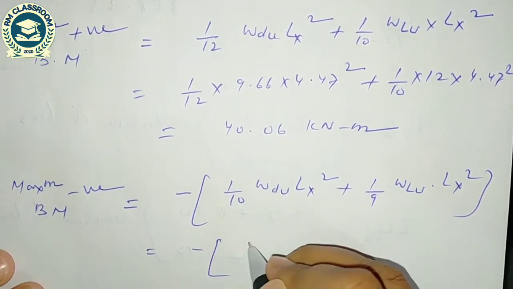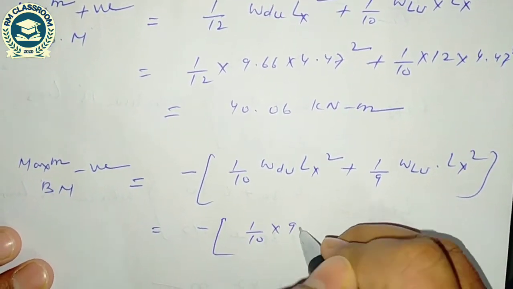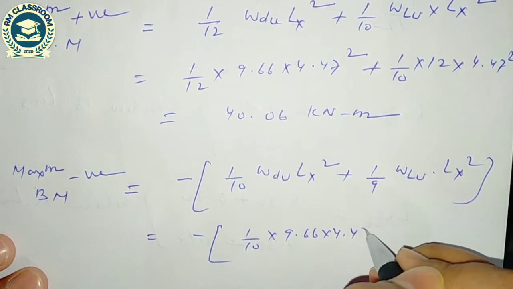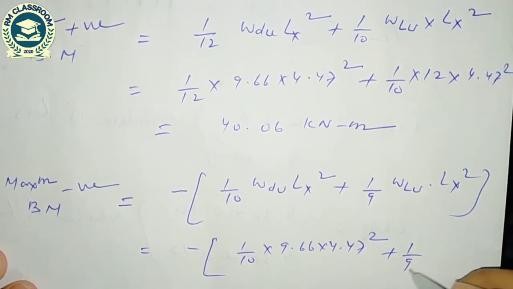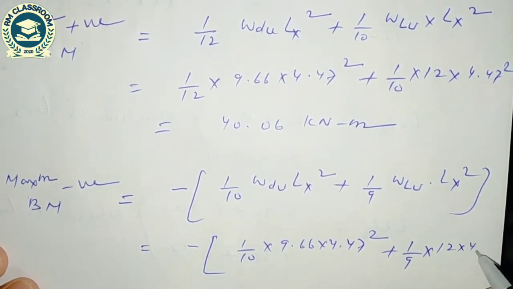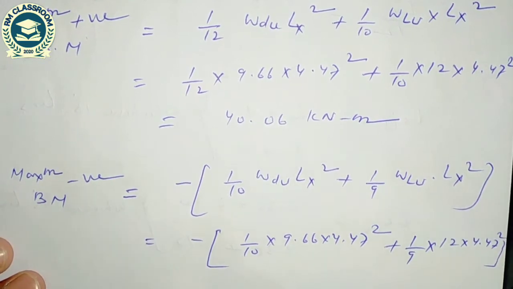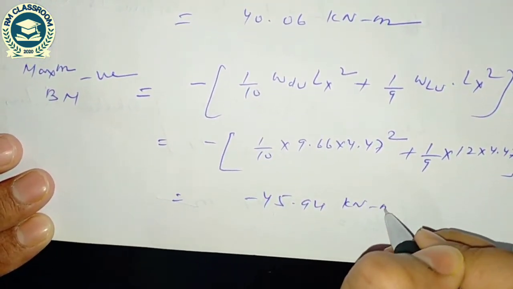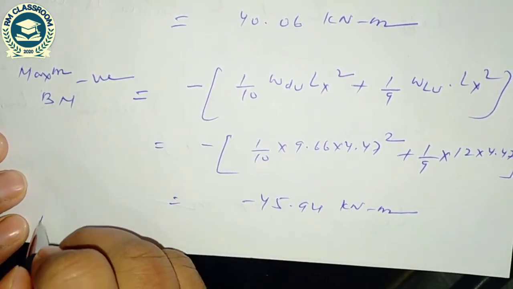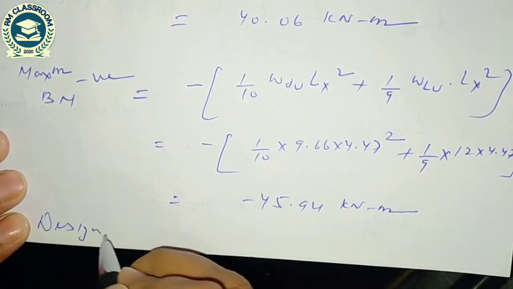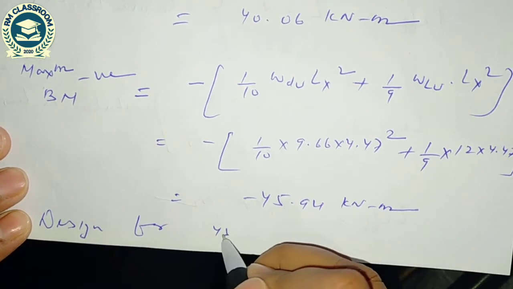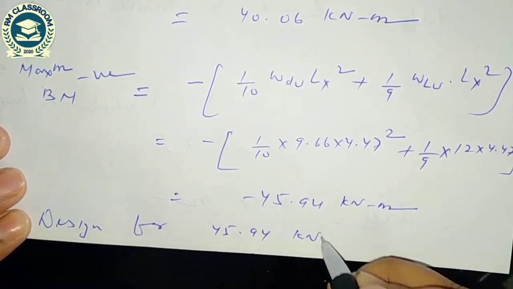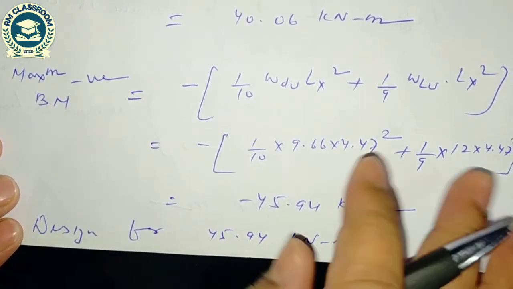So minus 1 by 10 into 9.66 into 4.47 square plus 1 by 9 into 12 into 4.47 square. So it is coming minus 45.94 kilonewton meter. So design for 45.94 kilonewton meter, which magnitude wise is maximum.